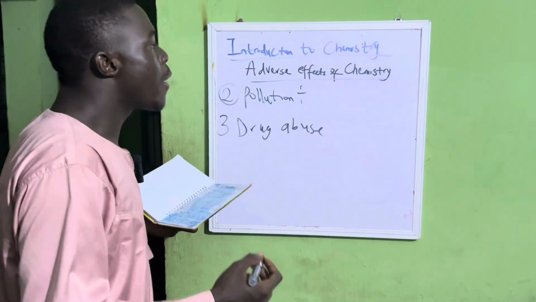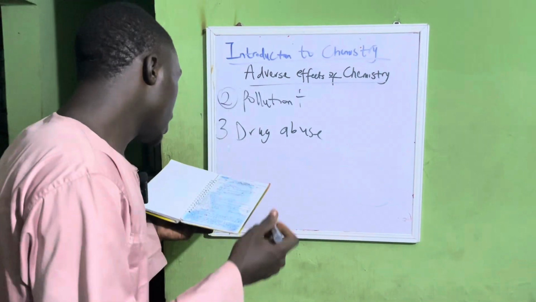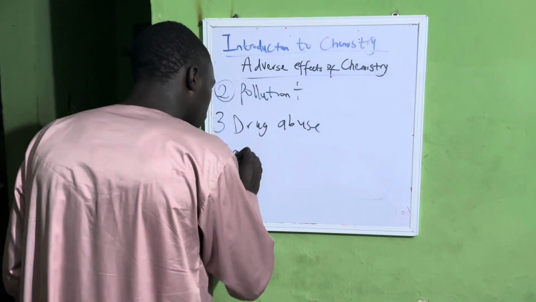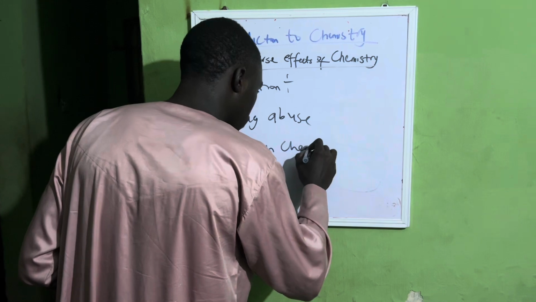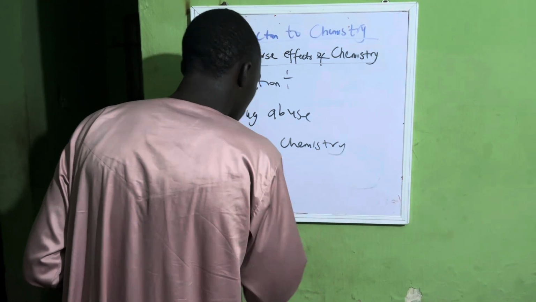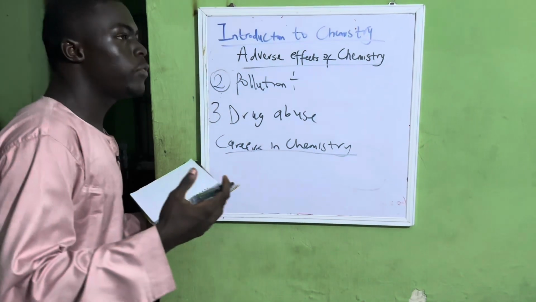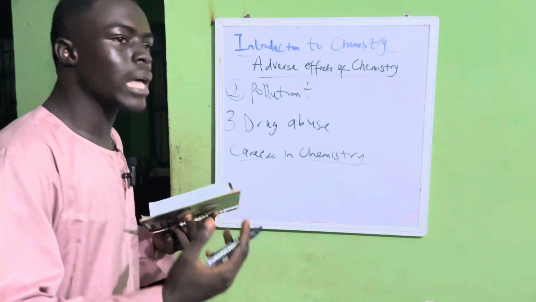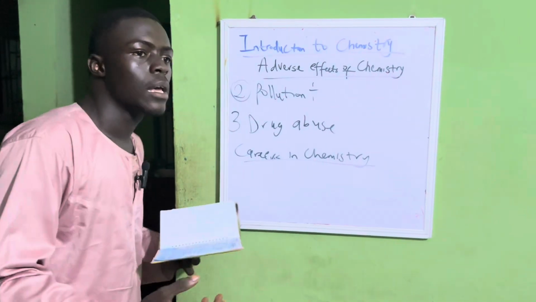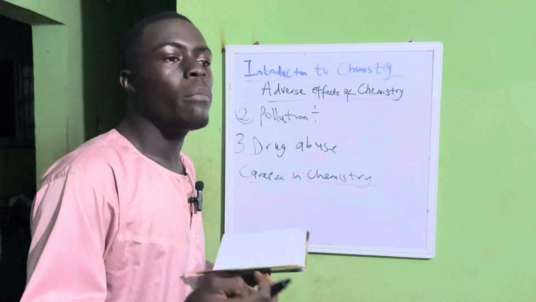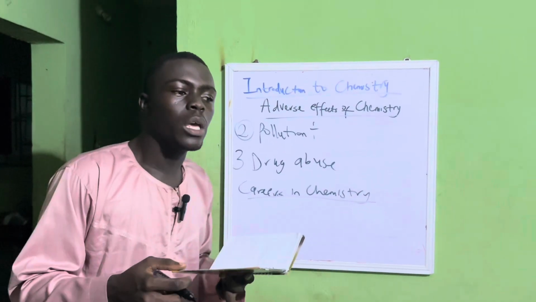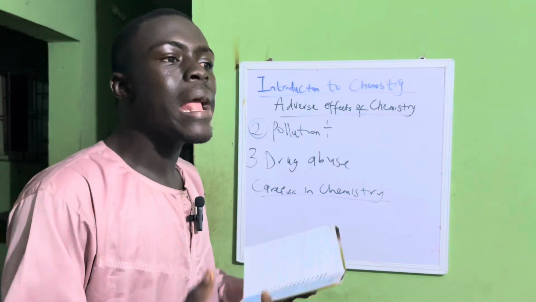So the last thing we are going to take in introduction to chemistry is careers in chemistry. Some of you might be thinking, okay, I love this course, I like this subject. What are the career opportunities in chemistry? If I study chemistry in a higher institution, where can I work?